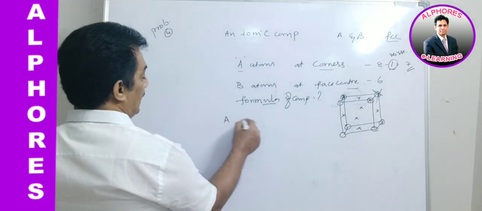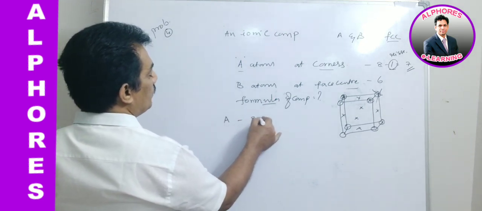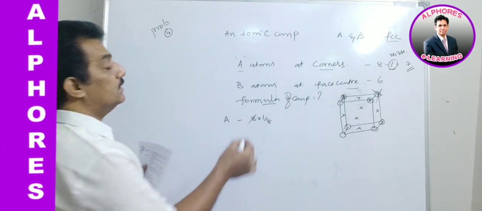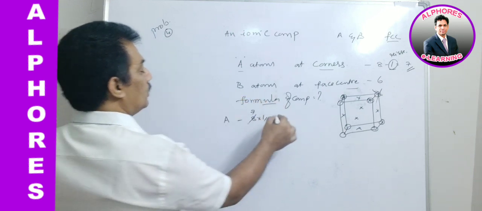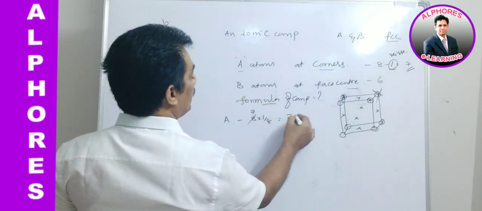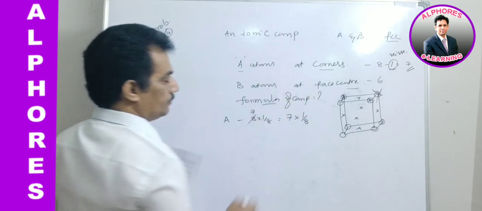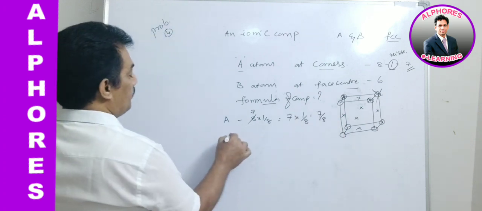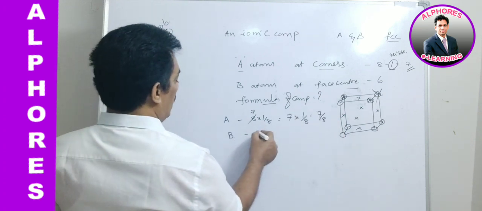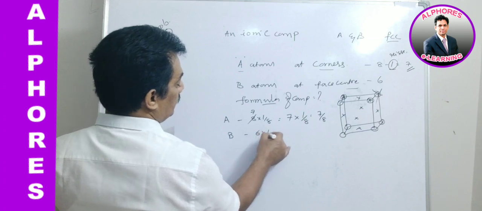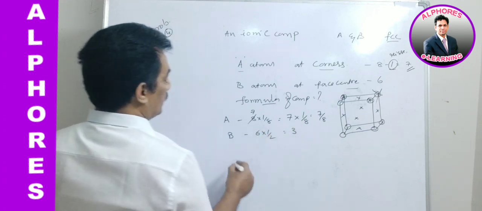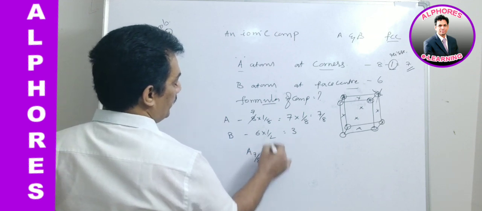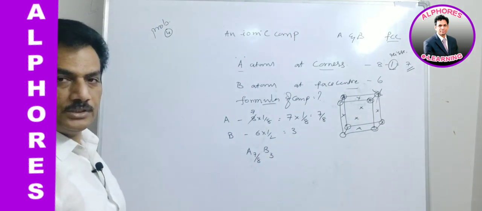Actually A at corners is 8 into 1 by 8, but now it is not 8, it is 7. So now the number of atoms of A is 7 into 1 by 8, that is 7 by 8. And B atoms are present at face centers, 6 into 1 by 2, that is 3. So A is 7 by 8, B is 3. This is the composition.